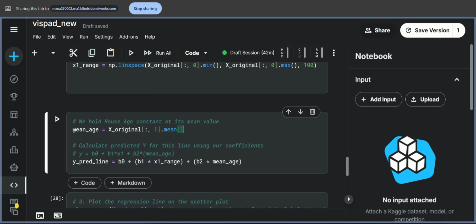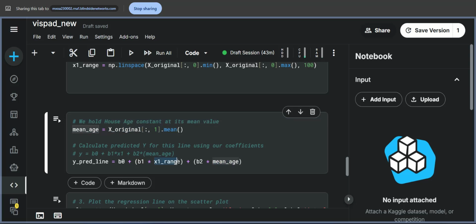So we get the mean age, right? We want that one to become constant: what is the average house age among the California houses? So we have that here.